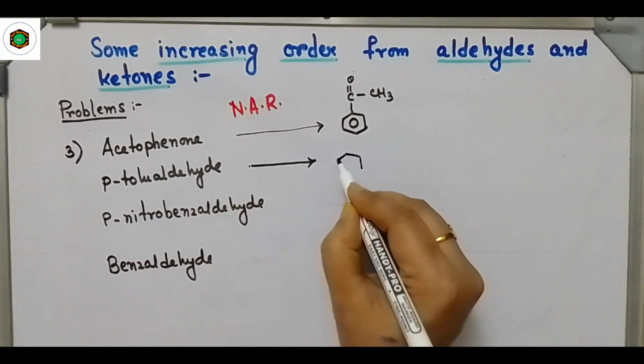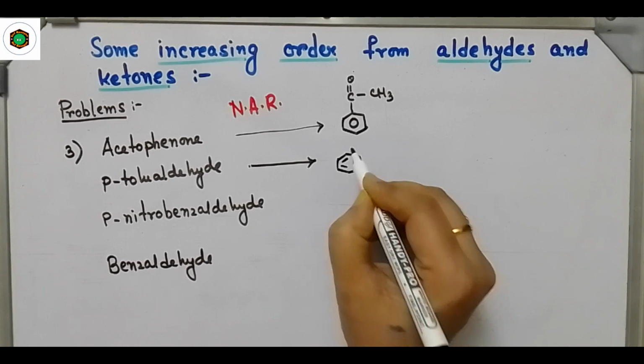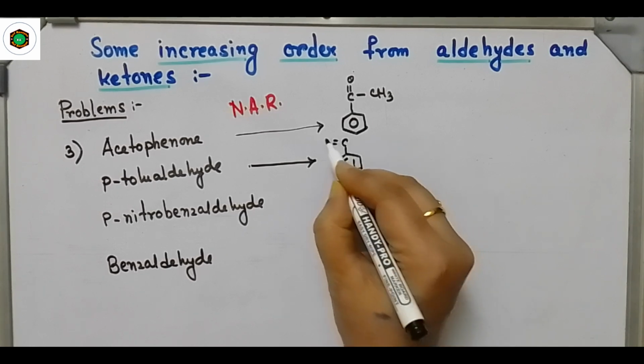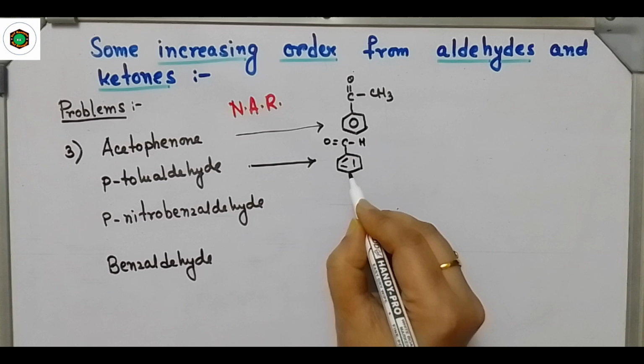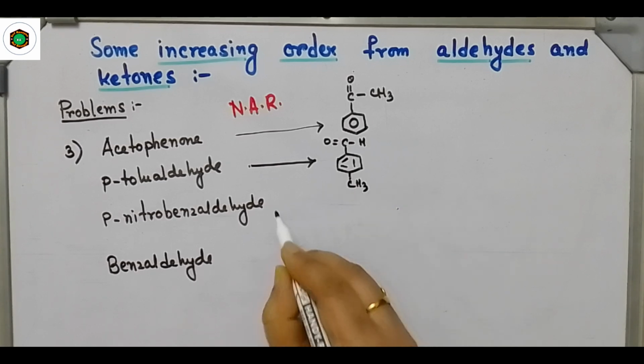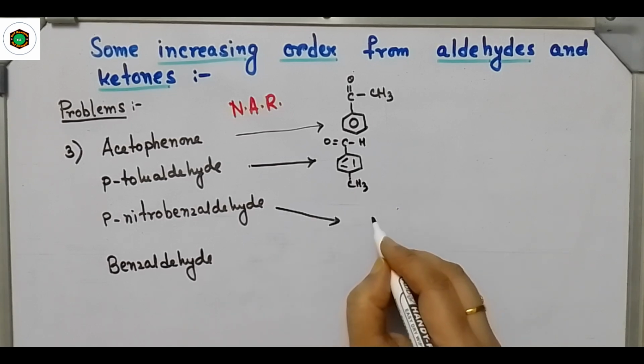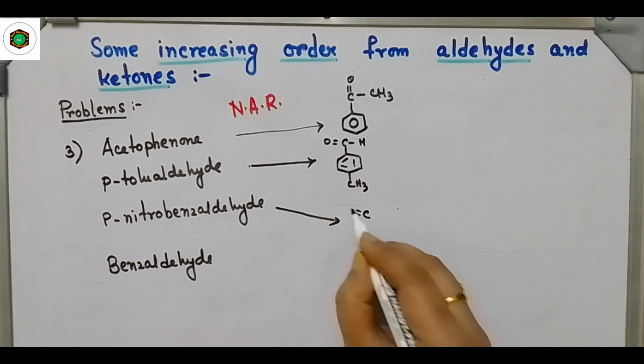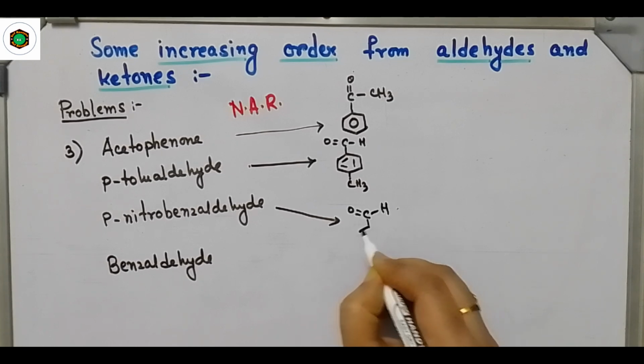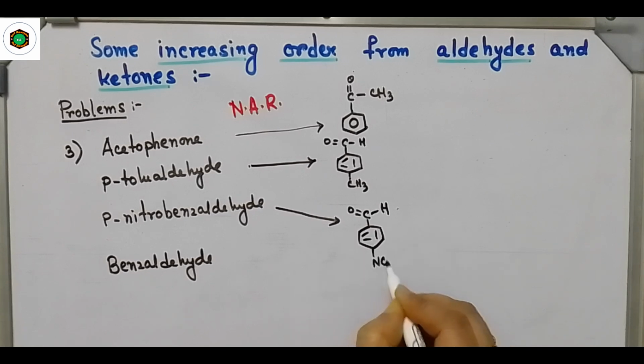Para-tolualdehyde, this is CHO and here CH3. Para-nitrobenzaldehyde, para-nitro, and this is benzaldehyde.